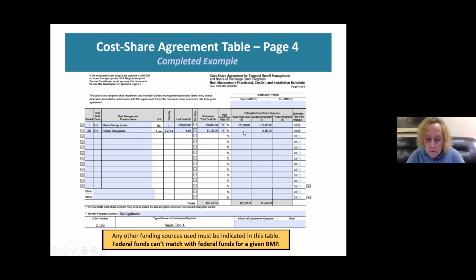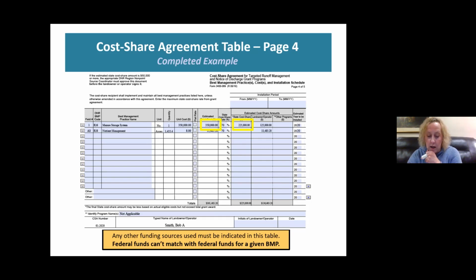Okay, so the grantee can specify the estimated maximum amount of cost sharing the landowner will receive, and that's essentially this column right here. And in this example, you're going to see the cost of the practice, in this case the manure storage, is $350,000 to construct, and the cost share rate is 70%.